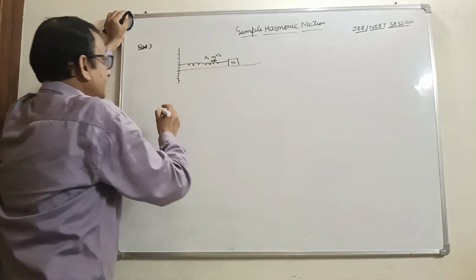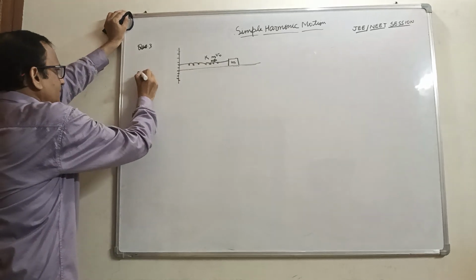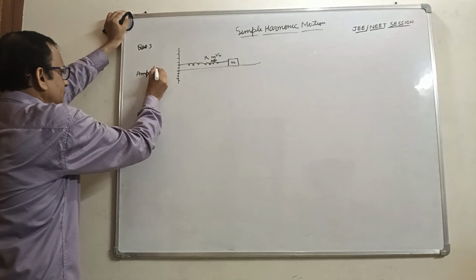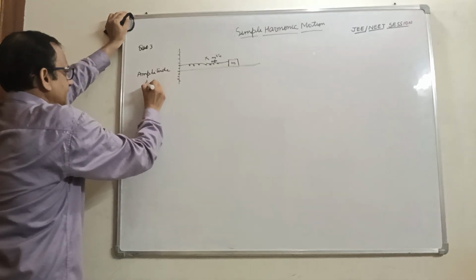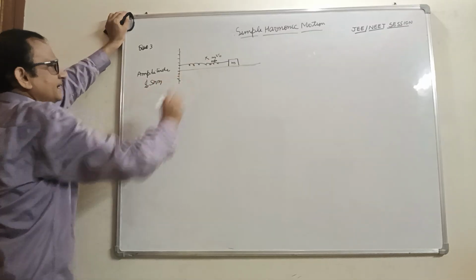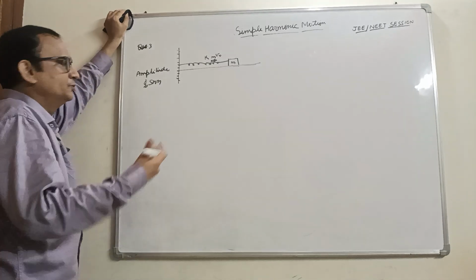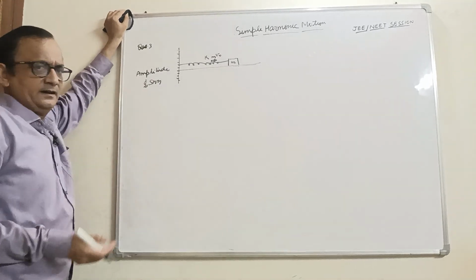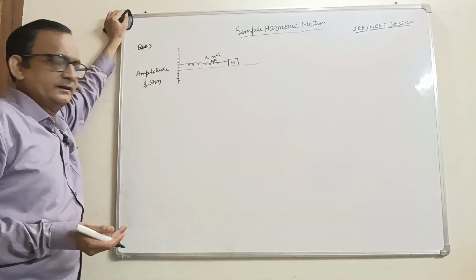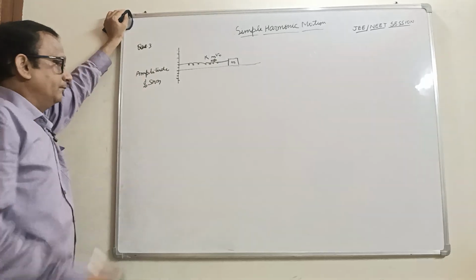We have to find the amplitude of SHM, or say the amplitude of the mass doing SHM, when the bullet strikes the mass.